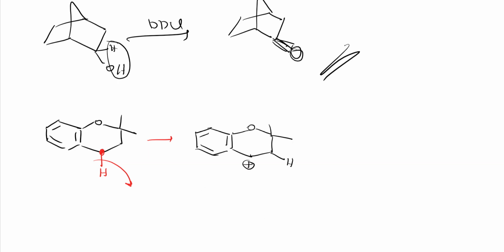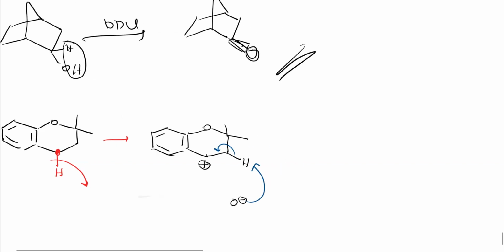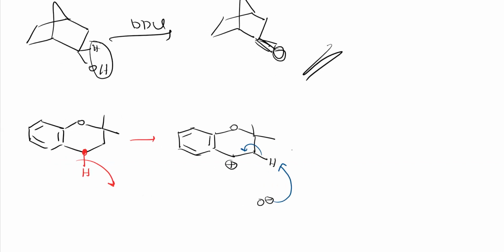So again DDQ oxygen will be there, right? DDQ oxygen, which is rich in electrons, will take this proton, this bond will shift here, right? So I'll get this product. So the double bond comes here like this, right? So this is how the reaction happens.